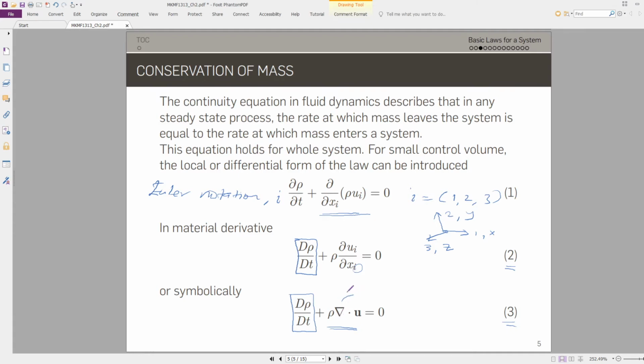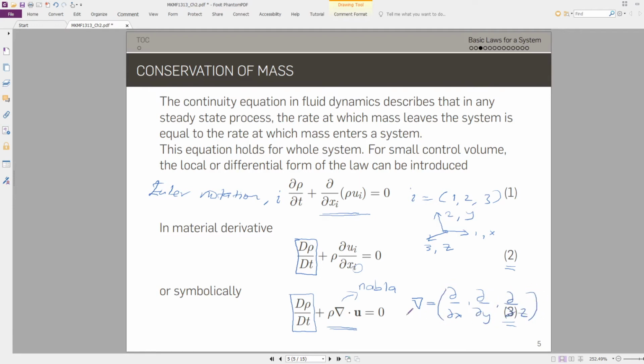So this is known as nabla, which is actually similar to du_i over dx_i, which is just d over dx, d over dy, and d over dz.